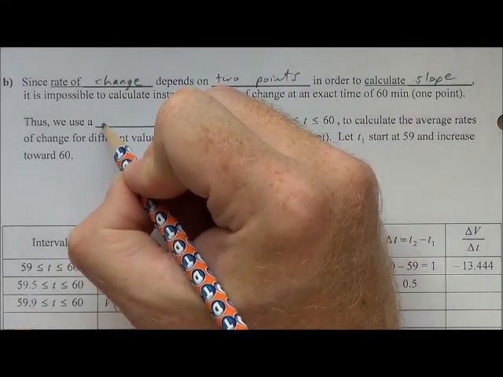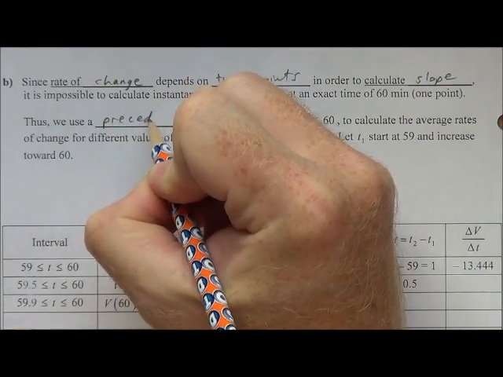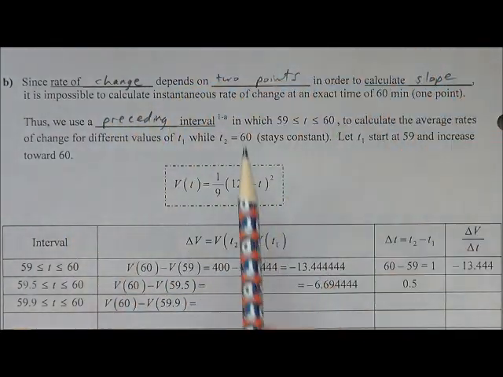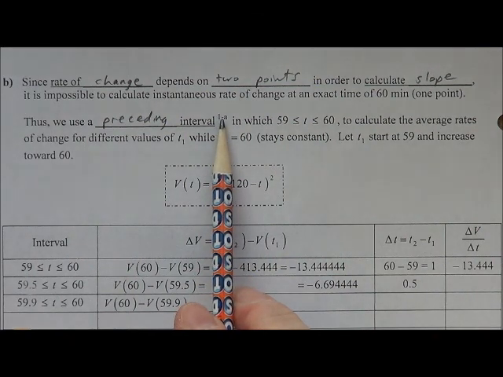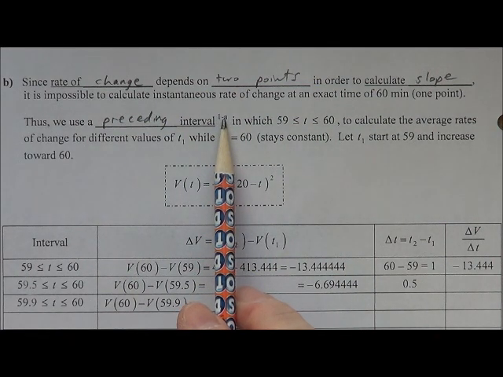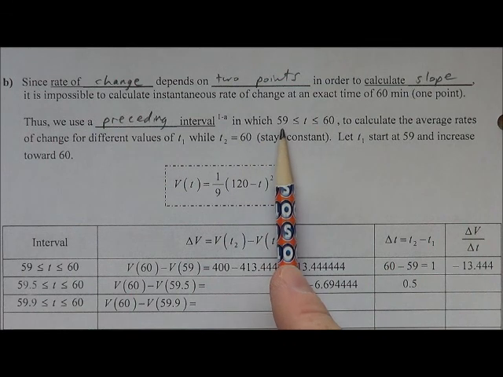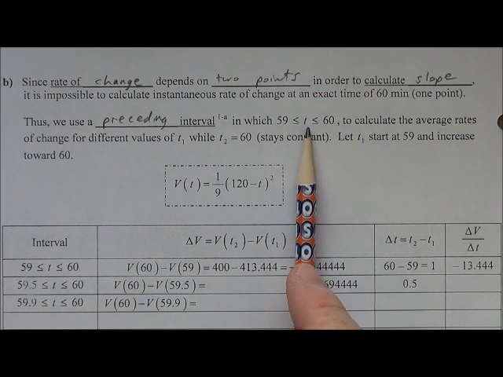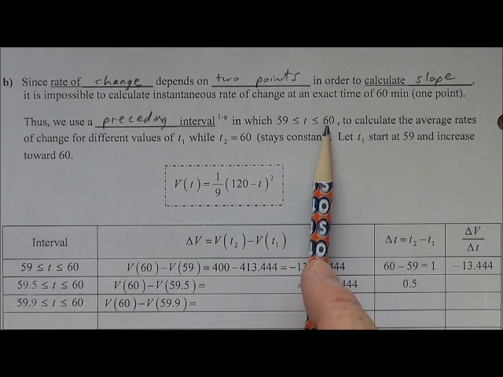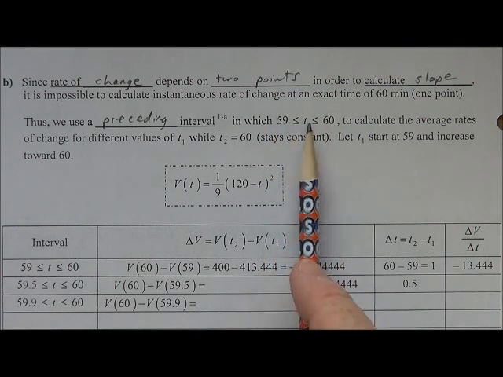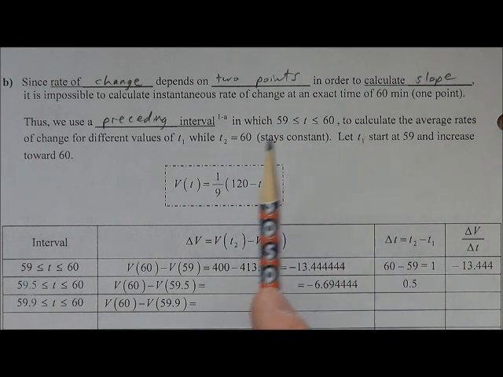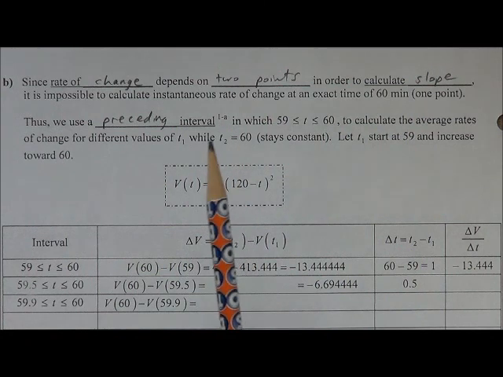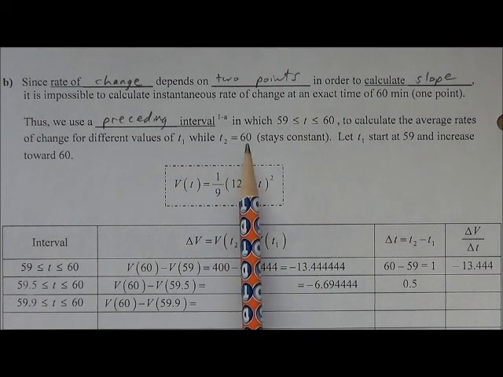Thus we use a preceding interval, which is technique 1, part A, in which we're going to be using the values of t between 59 and 60. So it's very close to that target value of 60, and we're using small intervals around that to calculate the average rates of change for different values of t1, while t2 is going to stay at 60.